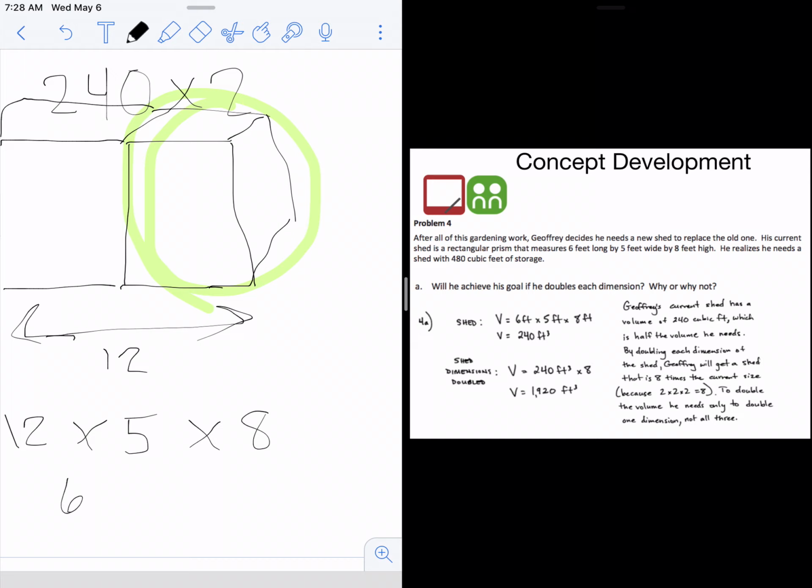And this is 60 times 8. 6 times 8 is 48. And then you add the 0. So 480 feet cubed. So all he had to do, you guys, was double one dimension to make it double, not all three.